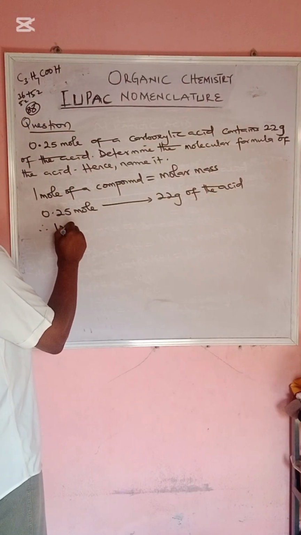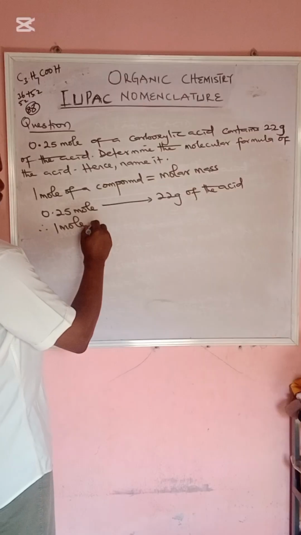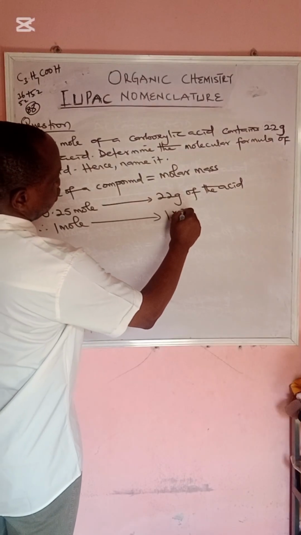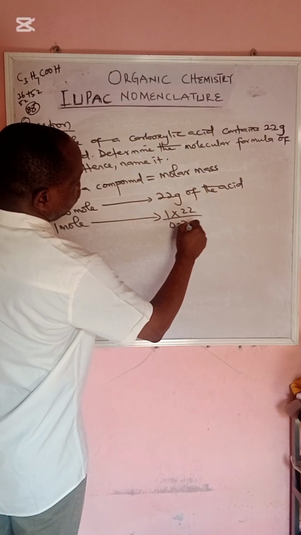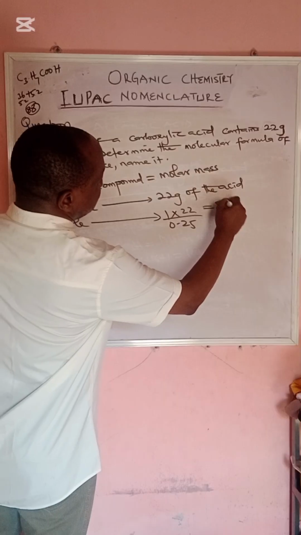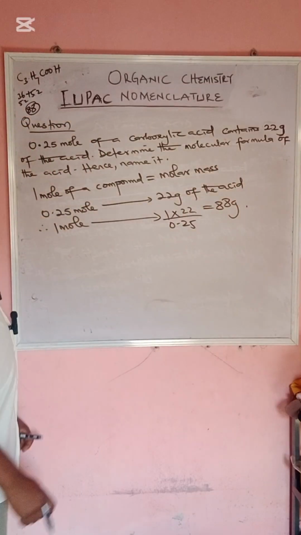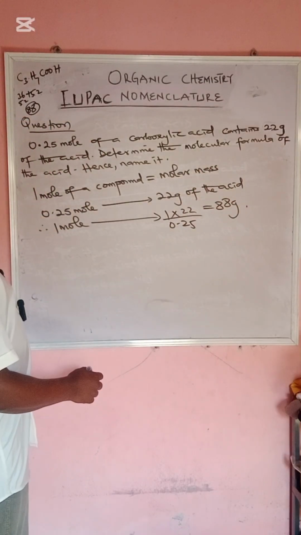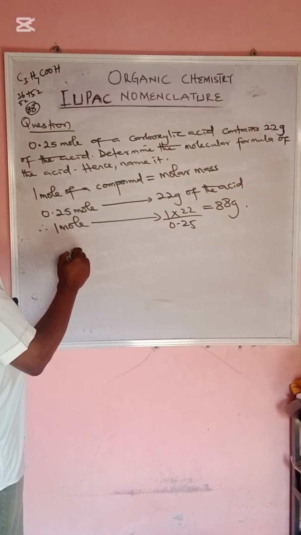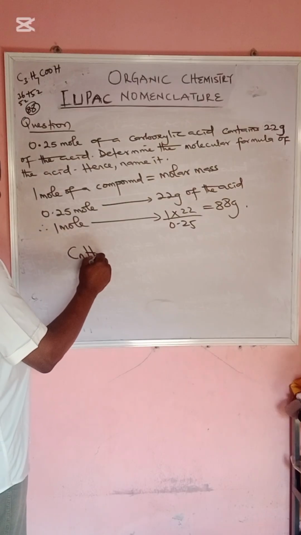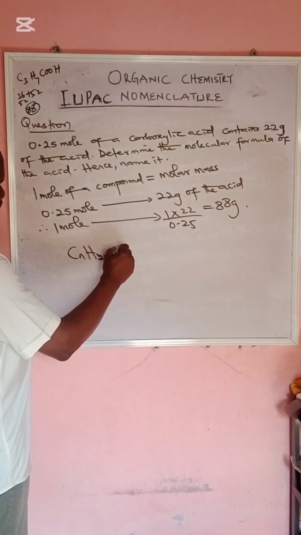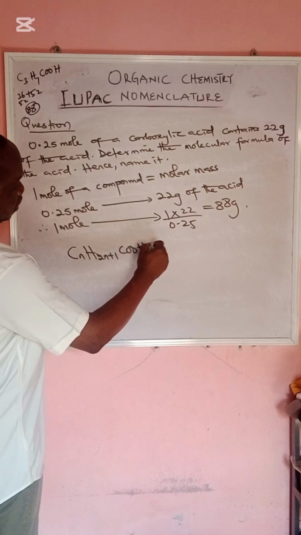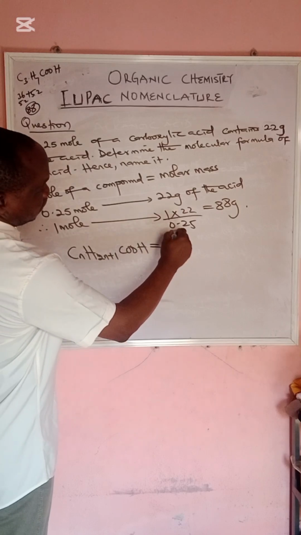Therefore, you look for 1 mole because you are looking for molar mass. So it will be 1 times 22 divided by 0.25. It will give us 88 grams. So what is the general formula of carboxylic acids? CnH2n+1 COOH is equal to the molar mass.